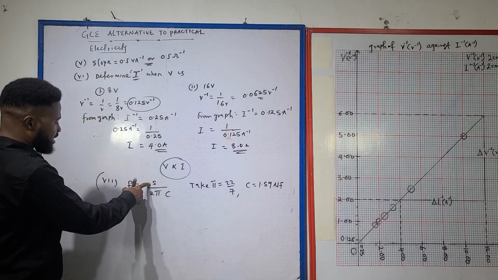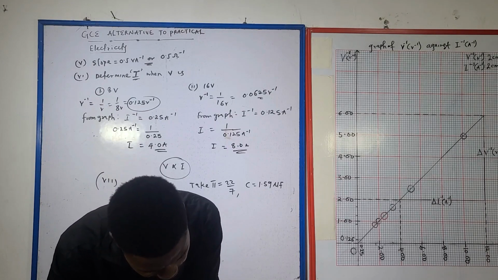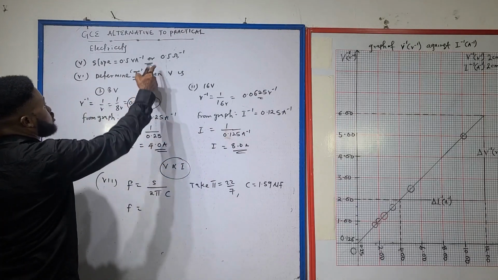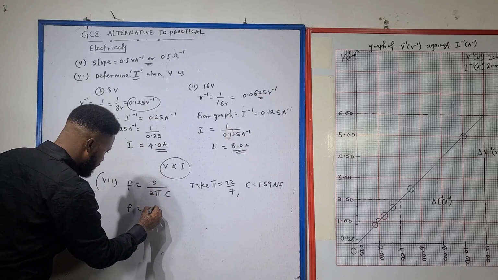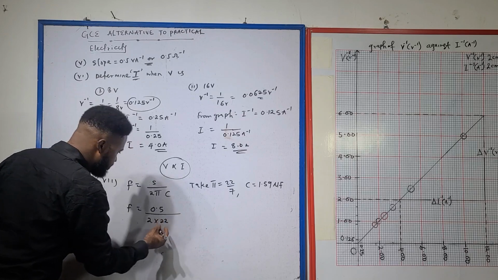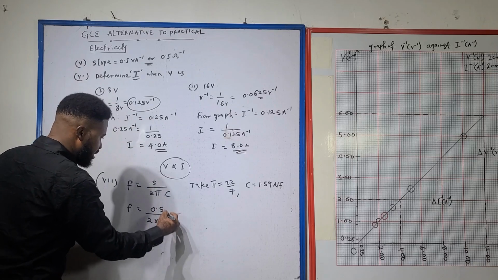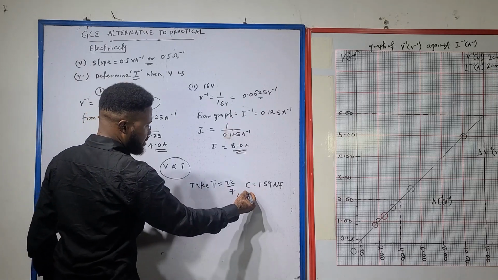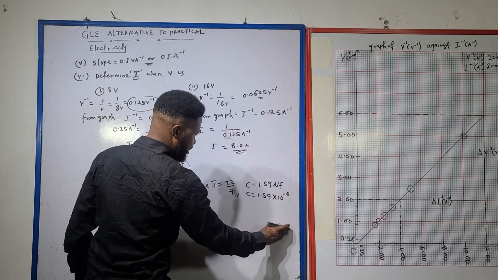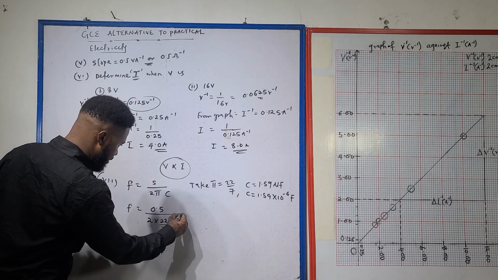So what I was told to look for is the frequency, which is definitely going to be in hertz. So let's slot in the right figures. F equals, my slope, recall, is 0.5 divided by 2 times 22/7. Of course, the 7 is bound to go up. Now for me to convert this, this is going to be 1.59 times 10 raised to power minus 6, that way it becomes farad.